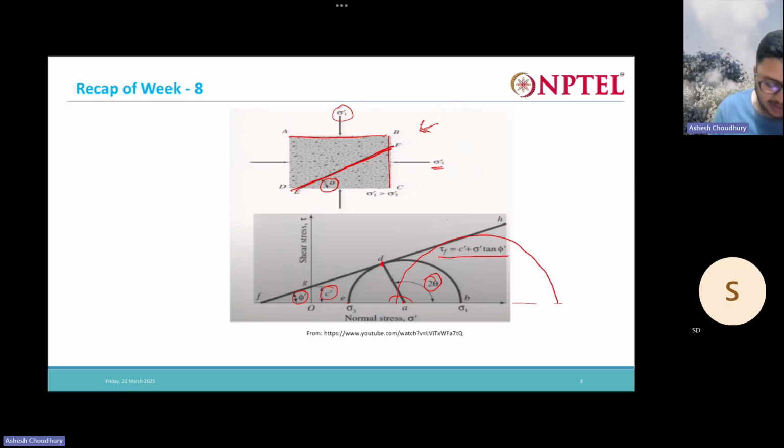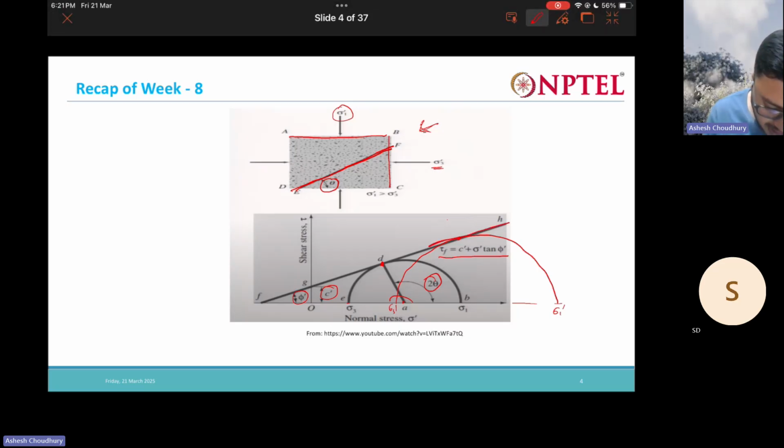Say you have higher sigma 3, then you will have higher sigma 1, so we will have a bigger circle, but this circle will also meet the Mohr-Coulomb failure envelope. So at this point also this line will be a tangent.